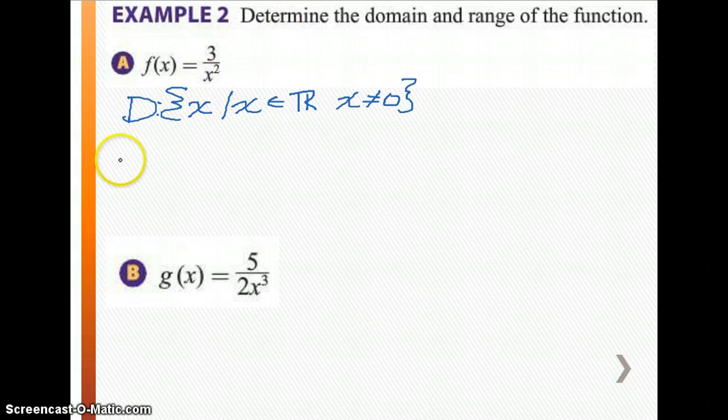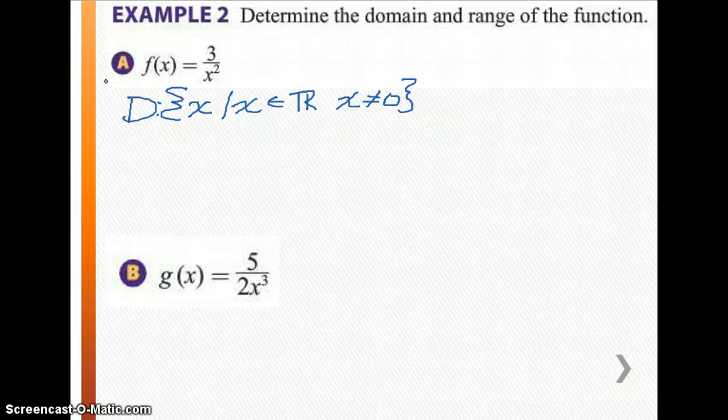Now if we look at the y values, this is another interesting thing, because the y values are dependent on x, but the x is squared, so it will never have negative values here.